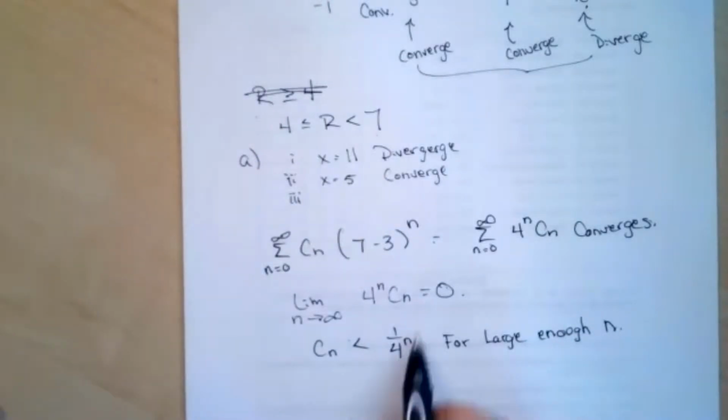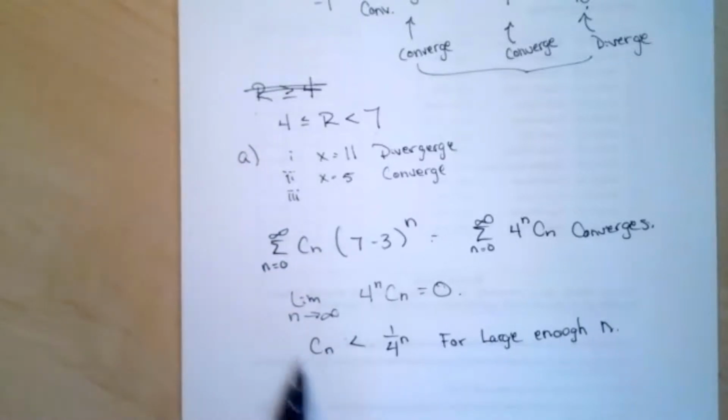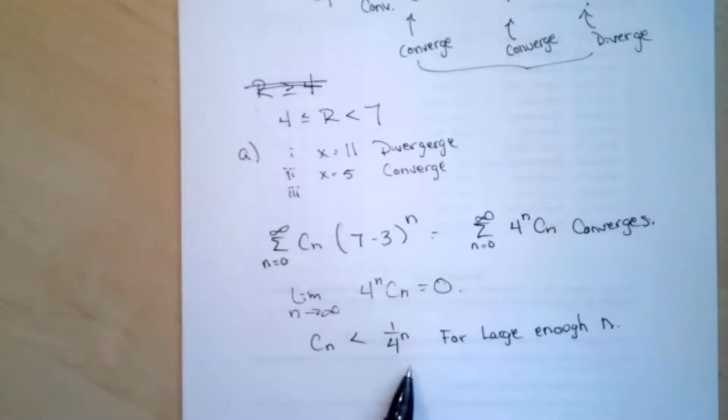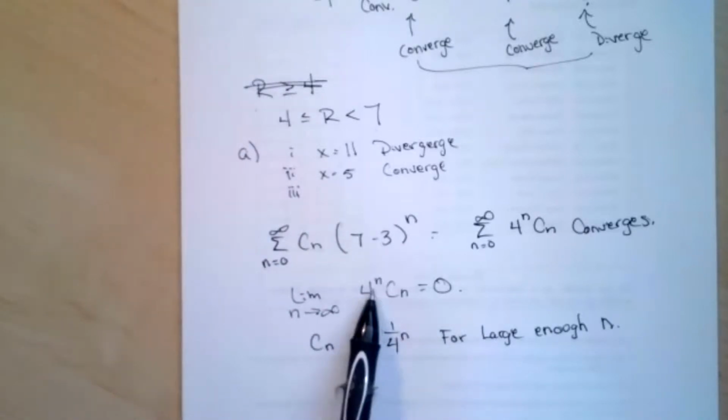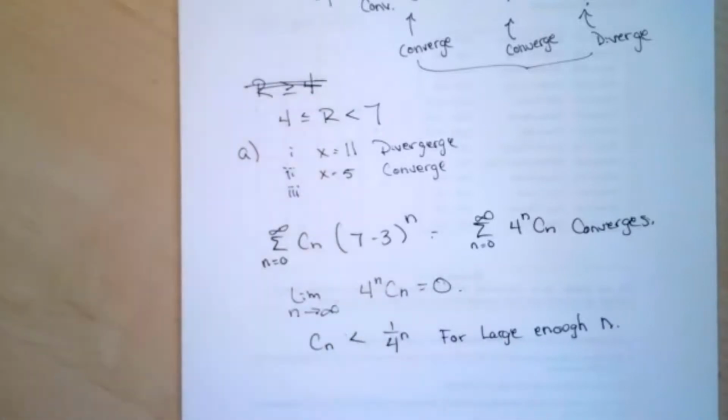It might start bigger than this, but we know at least the rate of decay of Cn has to decay faster or equal to, or at least on a similar order of 1 over 4 to the n. Because otherwise, if it didn't decay faster than this, the 4 to the n would outgrow the rate of decay of Cn.